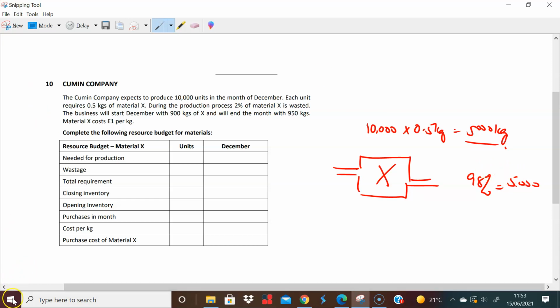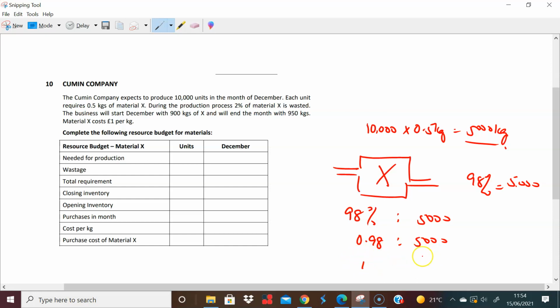So 98% of what goes in will come out. The question is what went in, because I need to put in that amount to get the 5,000 kilograms, knowing I'm going to lose 2%. So now we're in the process of ratio matching. If 0.98 is equal to 5,000 kilograms, what is 100%, or the whole one?